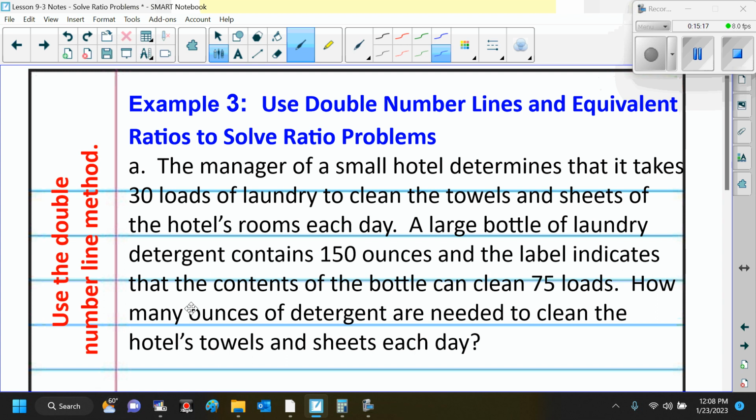A large bottle of laundry detergent contains 150 ounces, and the label indicates that the contents of the bottle can clean 75 loads. We want to know how many ounces of detergent are needed to clean the hotel's towels and sheets each day.